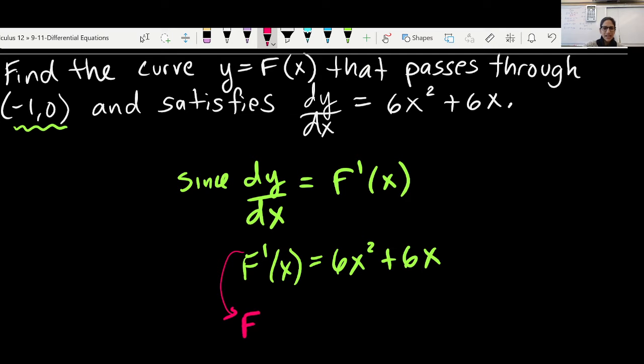To say, well, if that's what the derivative is, can we work backwards to think of what the original function must have been?